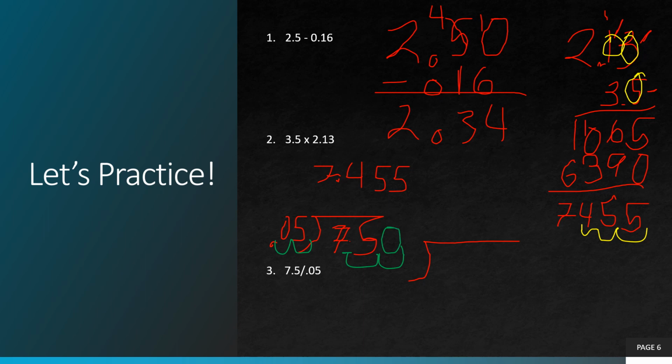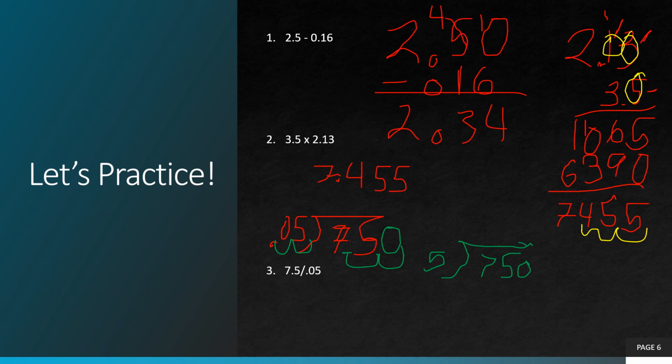So then, I'm going to go ahead and grab my eraser real quick. I'm going to clear that out and redraw it so that's easier. We're going to have 750. And then we're going to have 5.